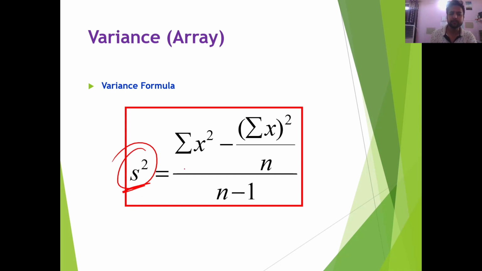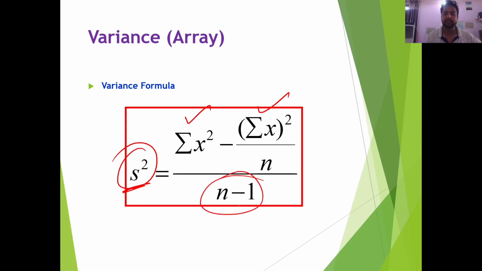The formula is quite clear: first we have to square all the values of x, then do the summation of that, and then subtract the term summation x whole square divided by n. Here the square is of x, and here the square is of summation x, so keep that in mind. These are two different things and not the same.